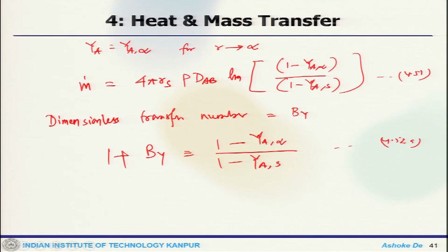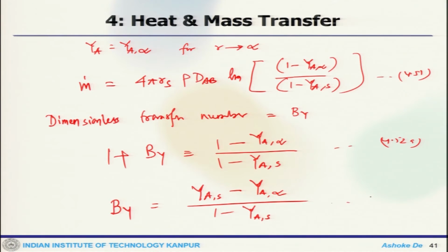So, once we define this dimensionless number, we can write it in a slightly different form, that B y equals y a s minus y a infinity over 1 minus y a s.